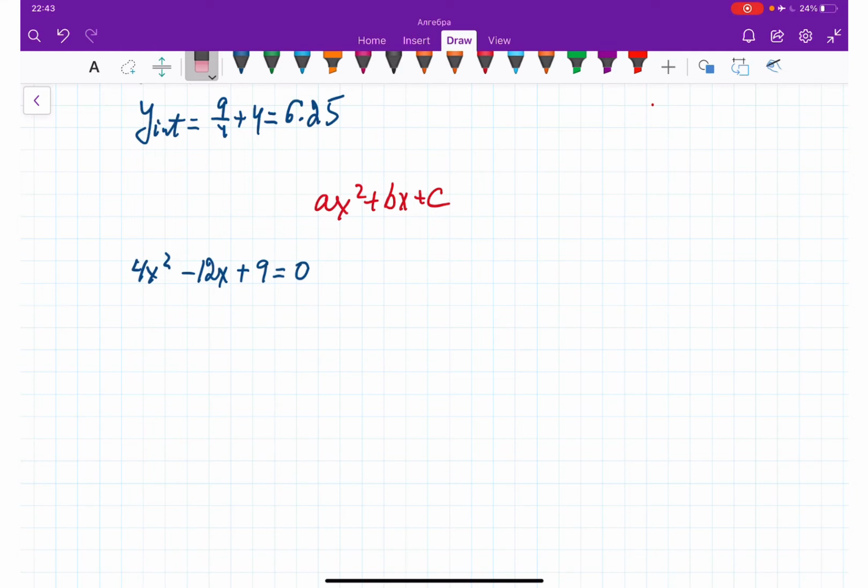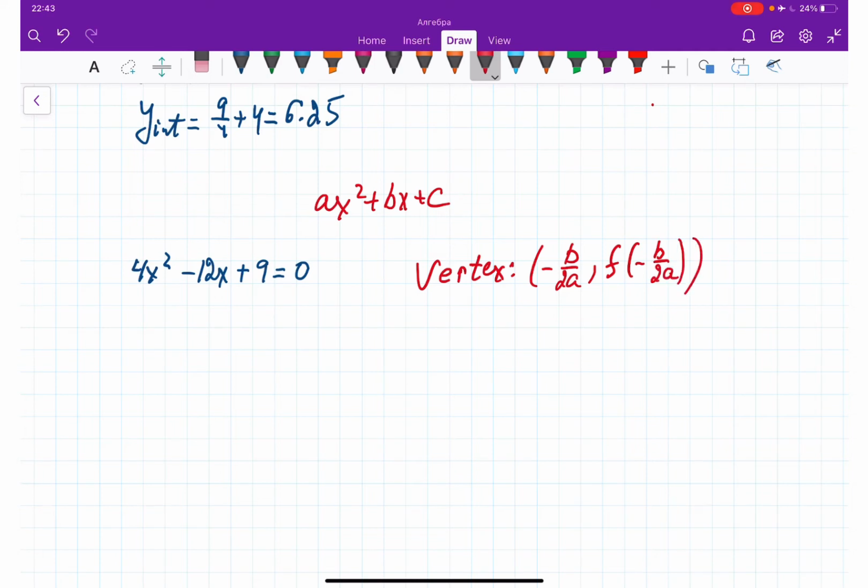For this format, our vertex is equal to... my ugly handwriting. Okay, x is negative b over 2a, and y is f of negative b over 2a.